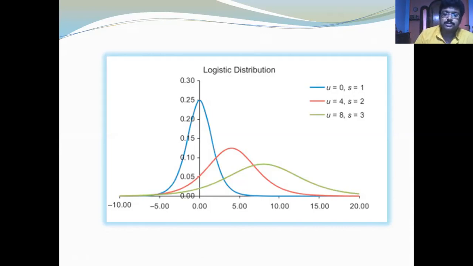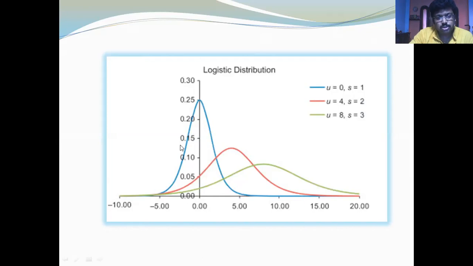And now look at this slide. This slide shows different location parameters with different scale parameters. When the location parameter is 0, that is the mean is 0, and the standard deviation is 1, then this is the logistic distribution curve.